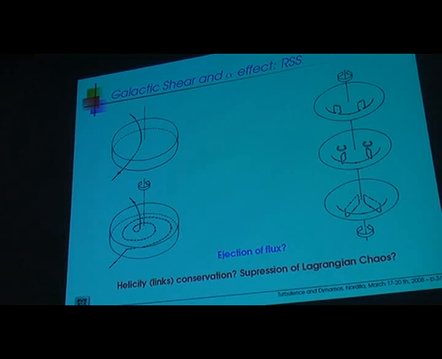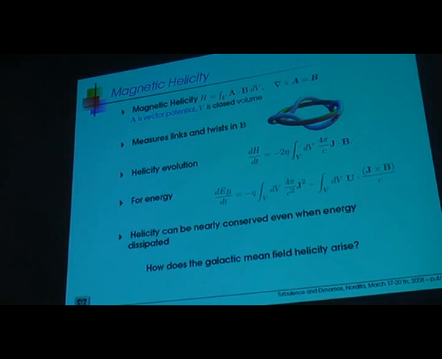So you have created what I will soon refer to as a helicity of the mean field. And how did you do this? By conserving helicity. And people have also talked about the problem of, if you generate all this noise, then what do you do to the Lagrangian chaos of the system? And of course, even the kinematic state has all these things working around. But I'm going to just concentrate today on the helicity question.